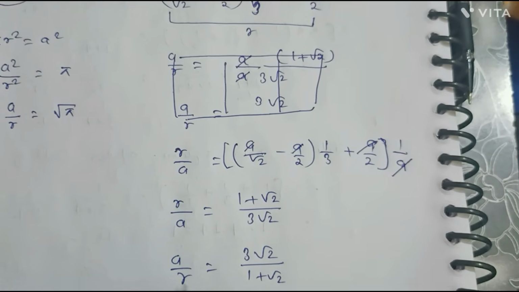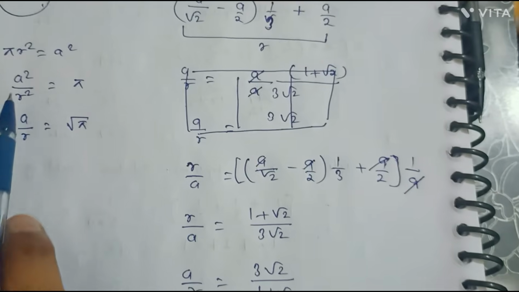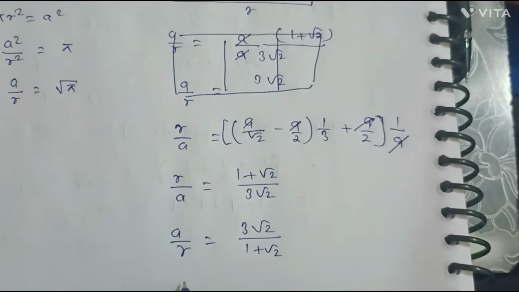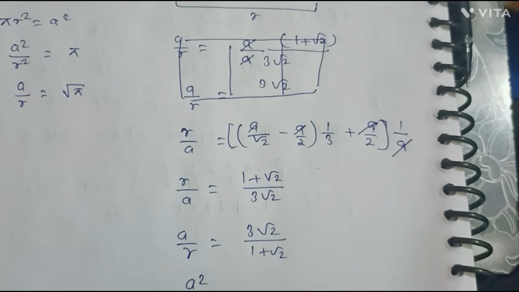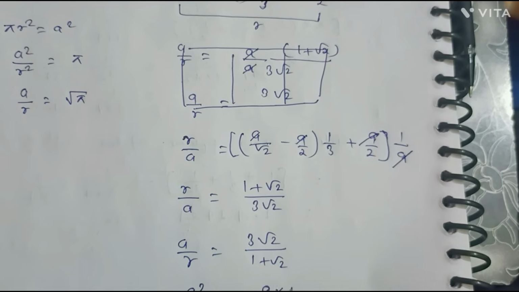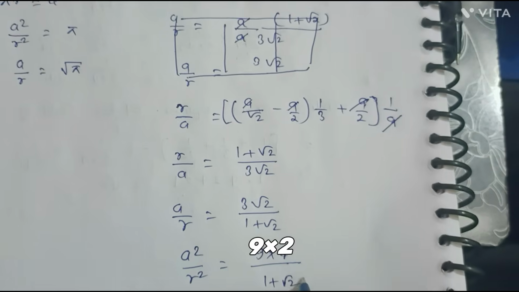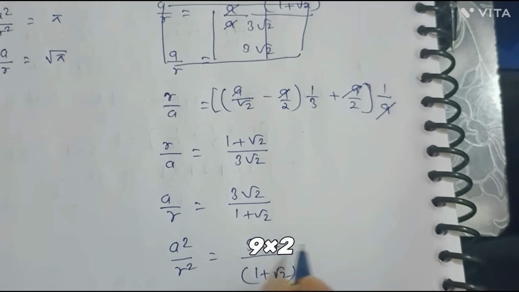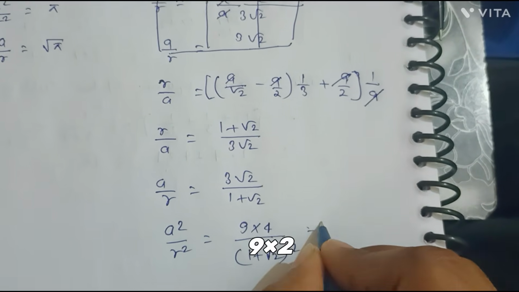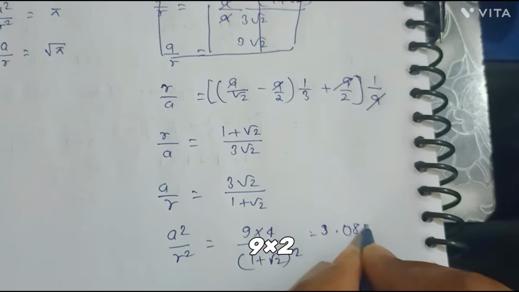In this way we can find the value of a by r, and we know the value of pi is a square by r square. So a square by r square is equal to 9 into 2 divided by 1 plus root 2 whole square. When we solve this, it comes out to be 3.088.